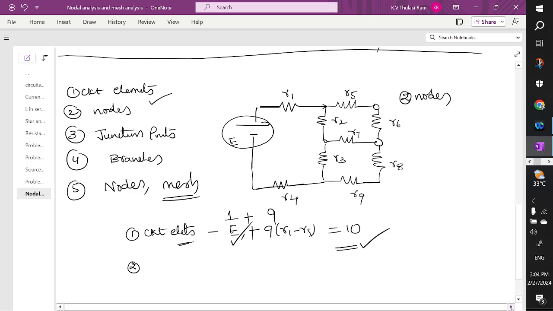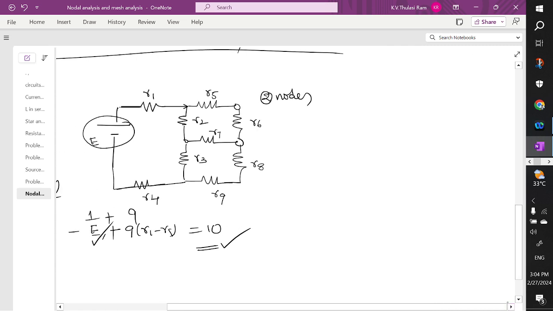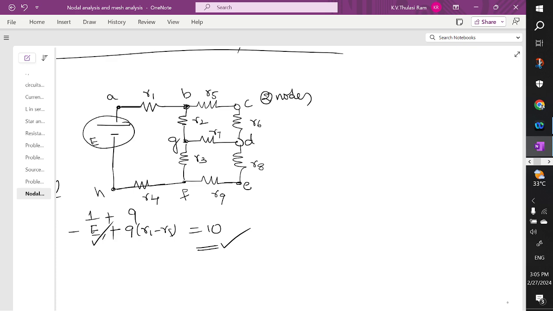Coming to the circuit, this is node A, and this is node B, this is node C, this is node D, this is node E, this is node F, this is node G, and this is one more node, H. So A, B, C, D, E, F, G, and H: 1 2 3 4 5 6 7 8.